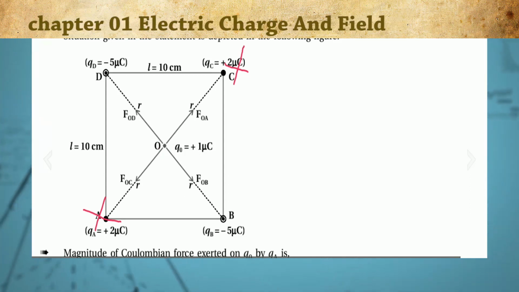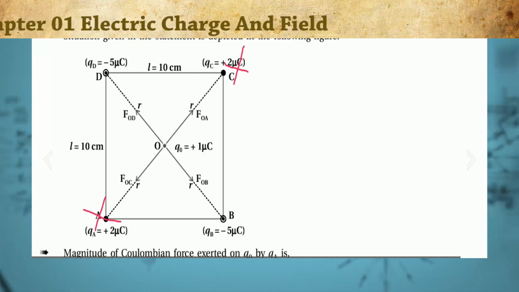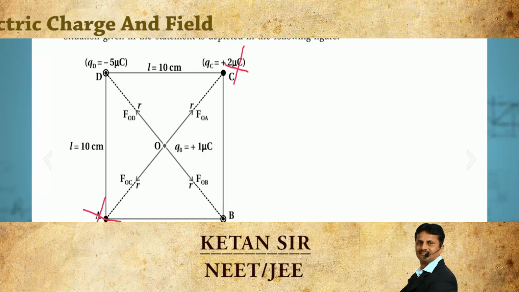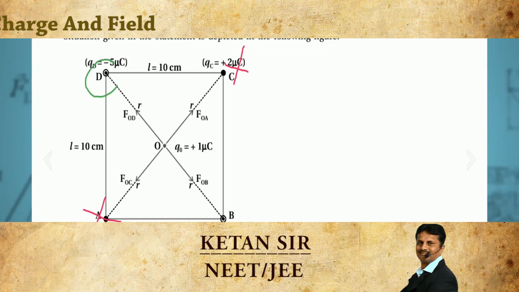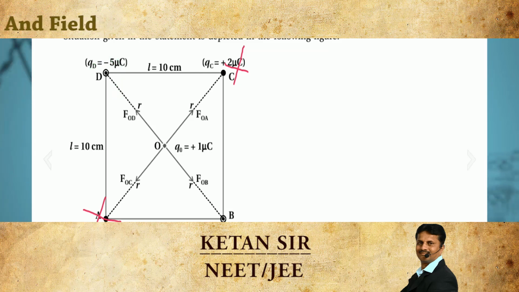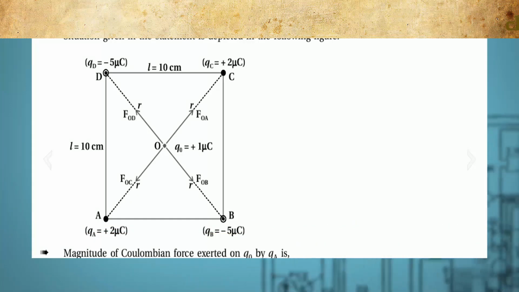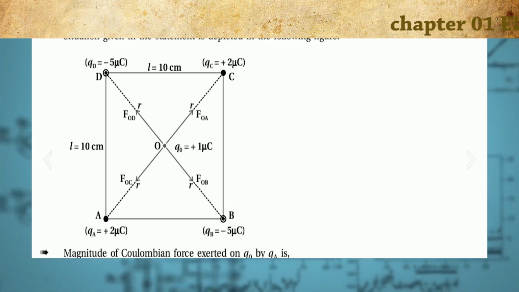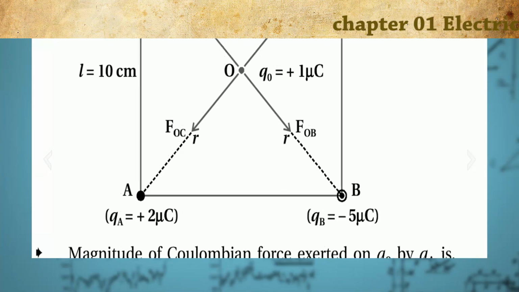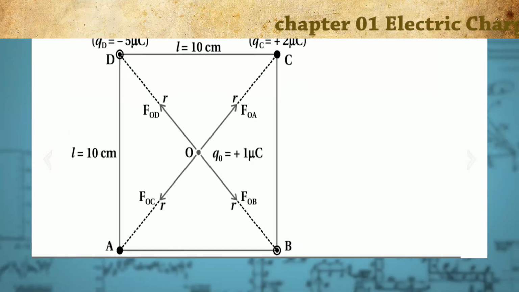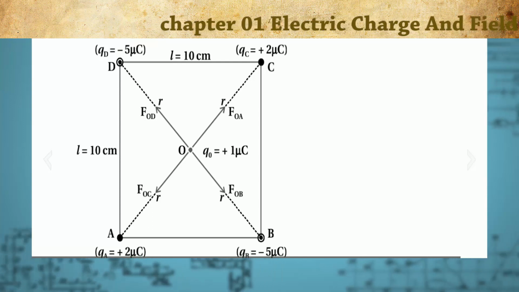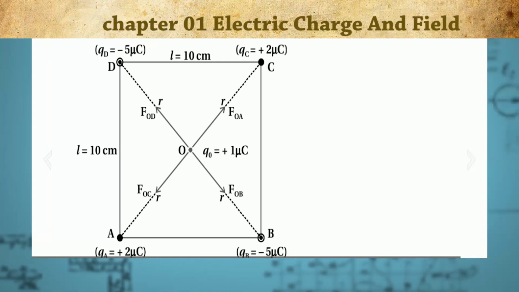Now consider another two corners. Which corners? Corner B having a charge minus 5 μC, and opposite corner D also having a charge minus 5 μC. That means both charges have the same value.